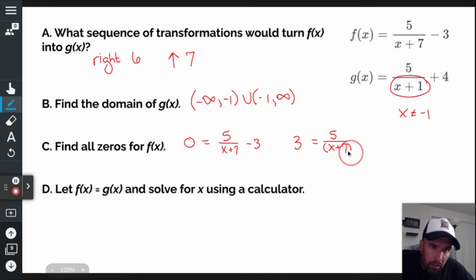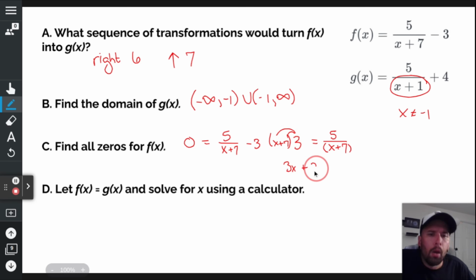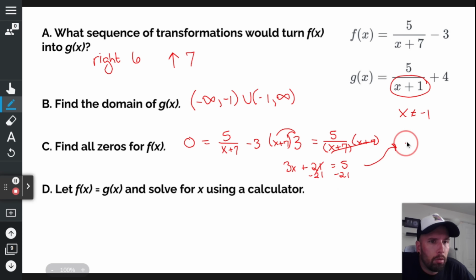Multiply both sides by x plus 7. That requires me to distribute. So 3x plus 21 equals 5. Subtract 21. 3x is going to equal -16.